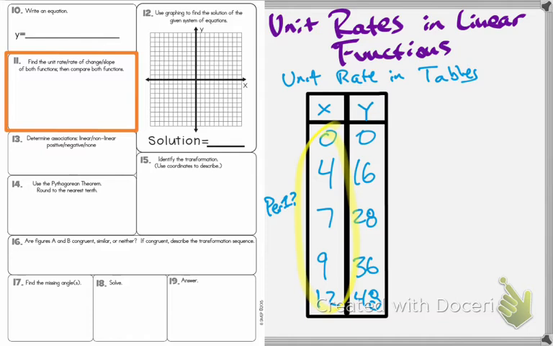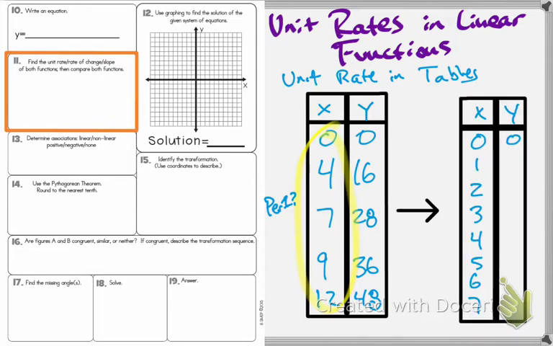I grow by 4, then I grow by 3, then I grow by 2, then I grow by 3 again. It's not a constant change, and it certainly is not a constant change per one of something. So looking at a table like this, I could not find the unit rate just based on the table that was given. So make sure that if you ever see something like this, you translate that table into a table that will show you the rate per one.